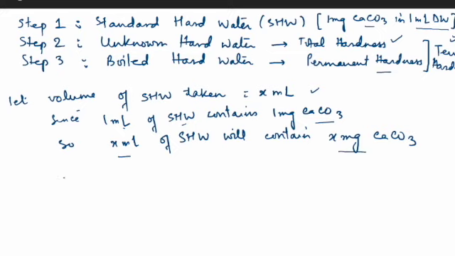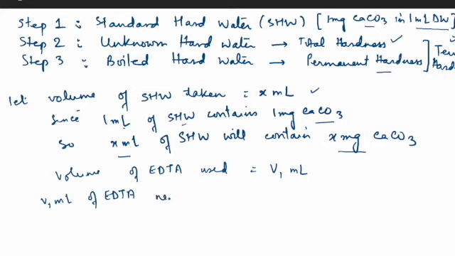Now let's say the volume of EDTA, which is the standard solution, if you remember, used in the experiment when determining the hardness of the standard solution, is V1 ml. So V1 ml of EDTA is capable of neutralizing X milligrams of calcium carbonate.